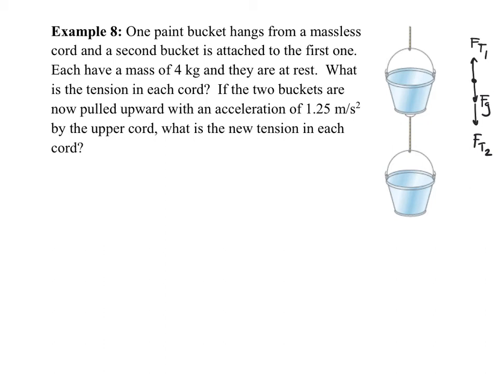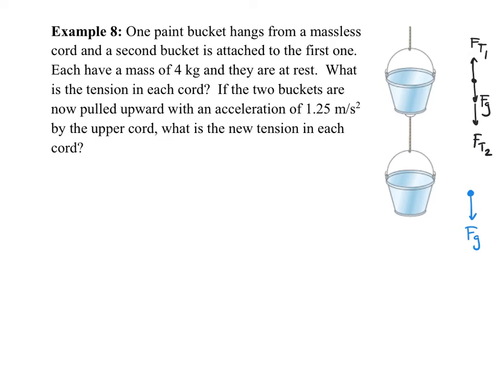How about the second object now? I'll use blue for the second object. It has the force of gravity and the upward force of tension. So force of gravity, I agree, and it's the second object, but they're the same, it turns out, so I'm going to leave Fg the same. They're both 4 kilograms, so I'm just going to call them both Fg instead of Fg1 and Fg2 because they're identical.